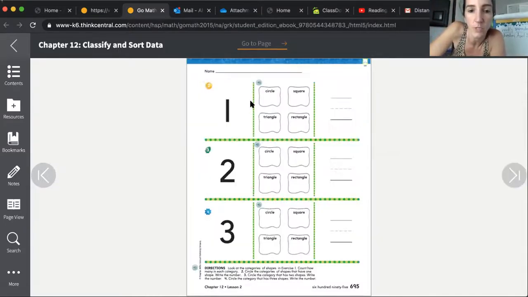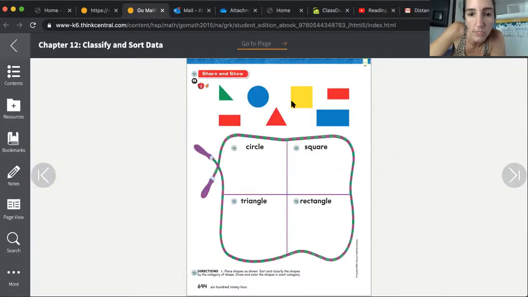Then here, which one only has one shape in it? Let's look. Oh, yellow and green. They both have, oh, I'm sorry, we're not doing color, sorry. Let's see, well, there's 2 triangles, there's 3 rectangles, there's 1 square, and 1 circle. There's 2 of them that have one shape.